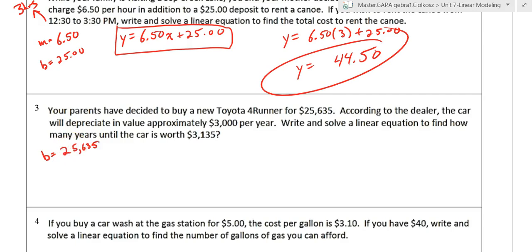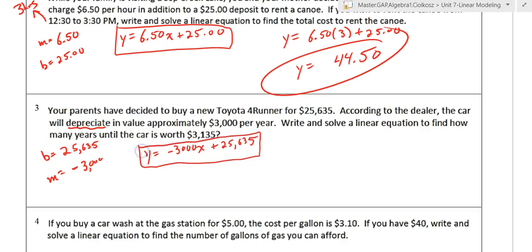Now, it's going to depreciate. Well, depreciate means go down. So here my slope per year is going to be negative 3,000. So our equation, y equals negative 3,000x plus our upfront or initial cost. And again, it's negative this time because it's going down.